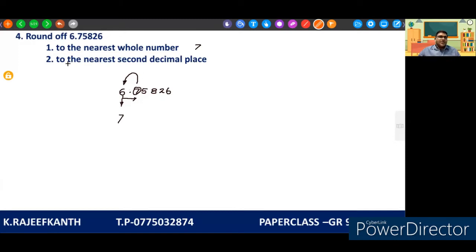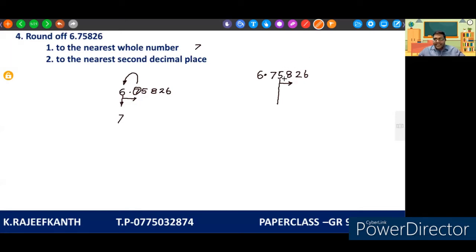Right? So here, to the nearest second decimal place, 6.75826. Now we have to round to the second decimal place. Here, this is the second decimal place. So now we have to check the next digit of it. Here the next digit is 8.